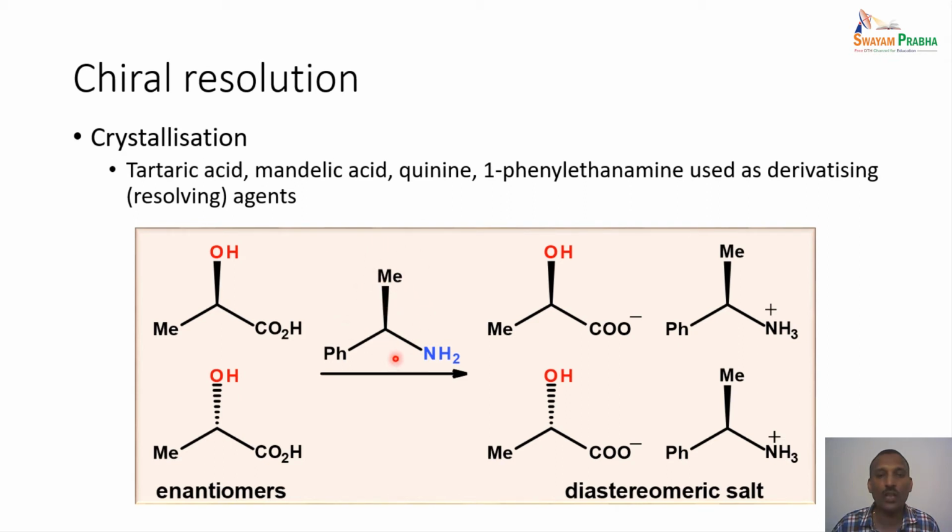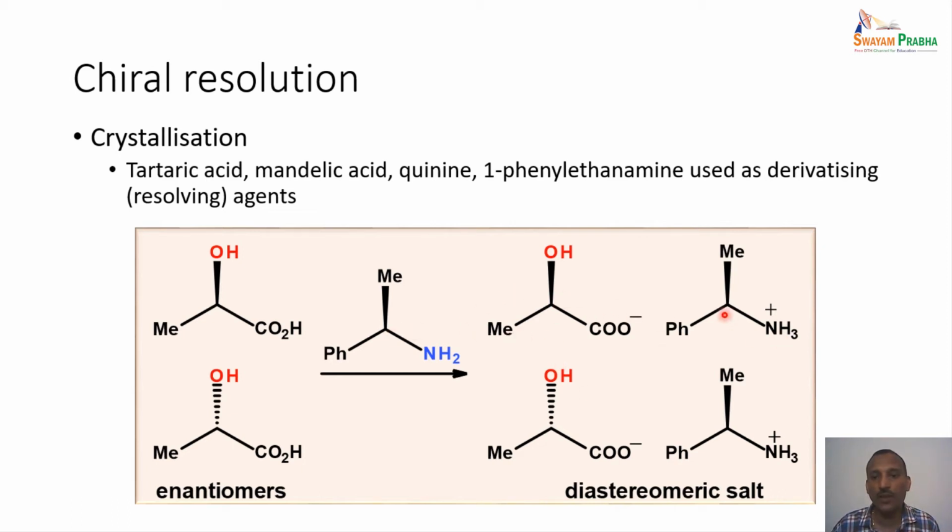the resolving agent. We have two enantiomeric carboxylic acids. These two carboxylic acids, when treated with an amine, form the salt. So these two compounds are diastereomeric salts. What is a diastereomer?